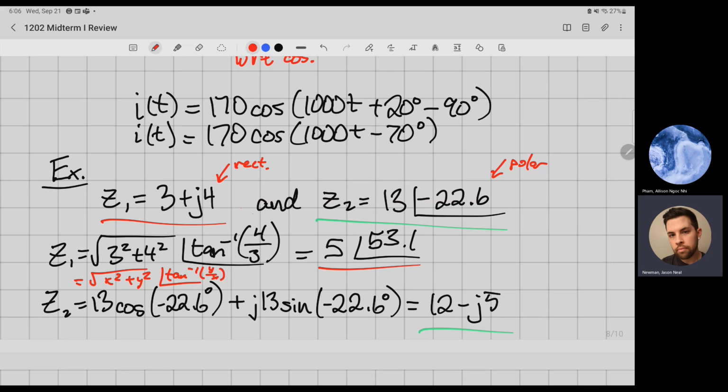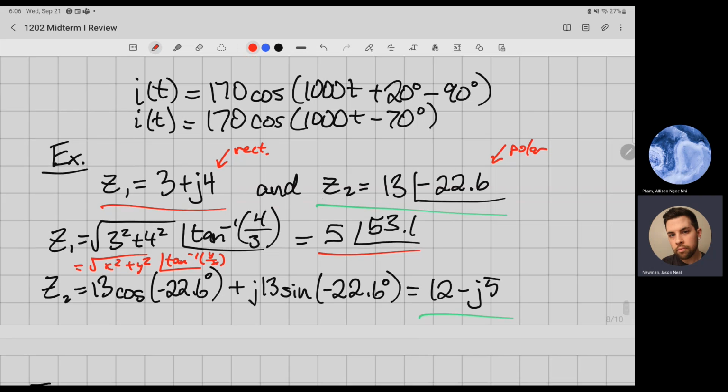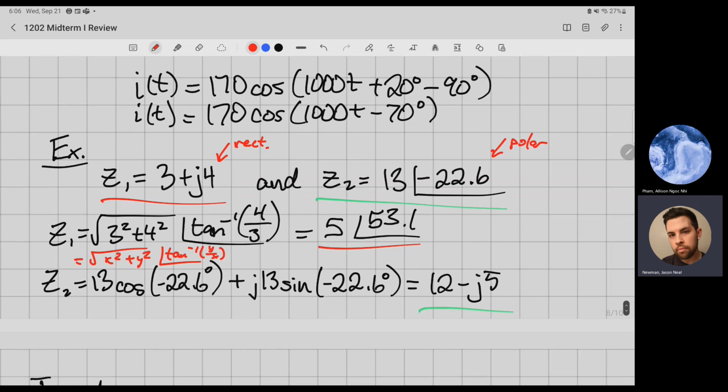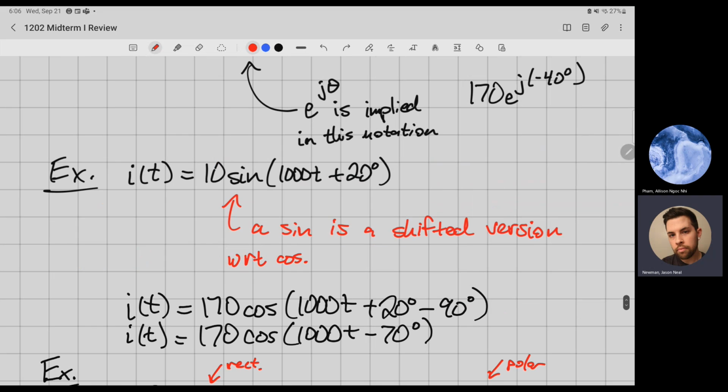They're basically two different ways to work with these values. So if you have z2, it's in polar form, and you need to convert it to its rectangular form. You have 13 at negative 22.6 degrees. In order to convert that back, let's go back to our formula.